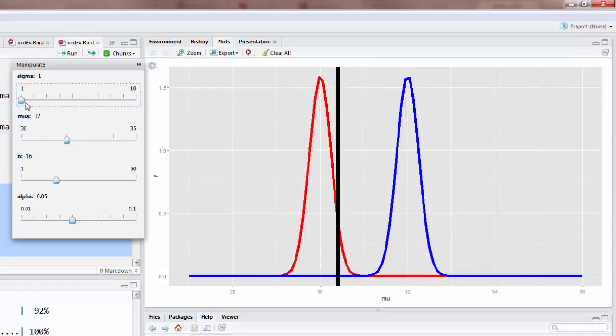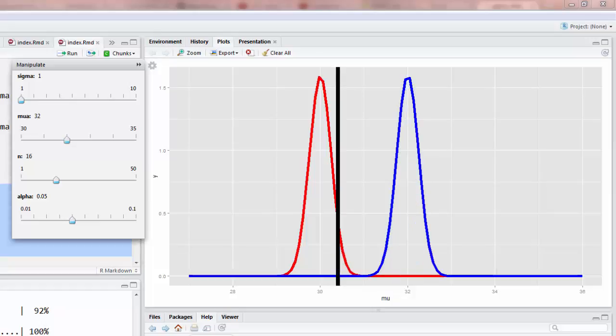Okay, so let's move sigma down to the lowest level I'm allowing, which is sigma equal to 1 in this case. Our black line has moved down, and it's still calibrated so that this area is 5%. But what we've seen is we have so little variability in the sample mean that the probability of rejecting, the probability of getting larger than the black line if the blue, alternative distribution is true, is almost 100%.